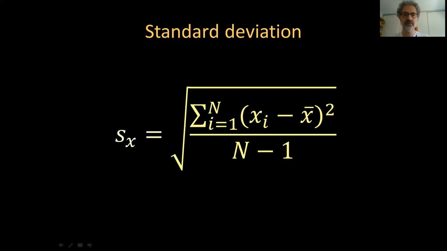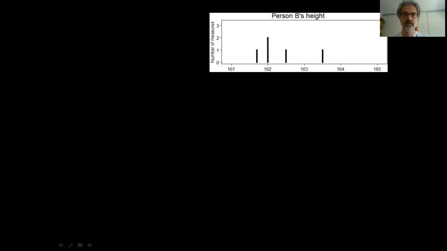Let us now look at some examples to understand how the different indices of dispersion behave when we actually have differences in the dispersion of data. These are the data that we already have seen several times. These are our actual measurements, our actual 5 observations for one person's height.